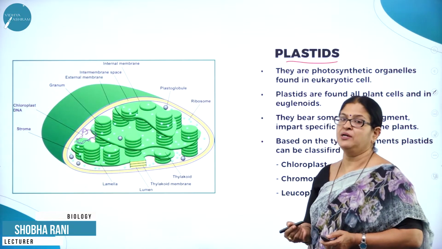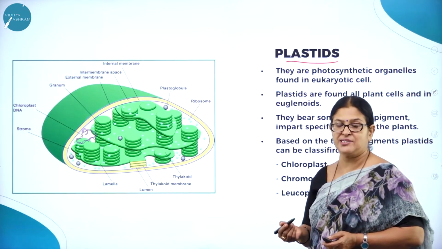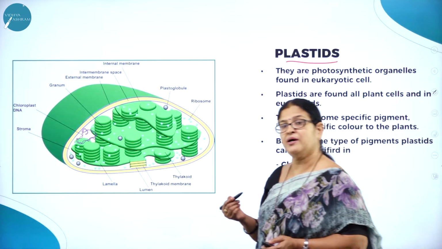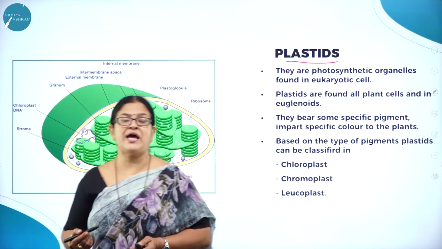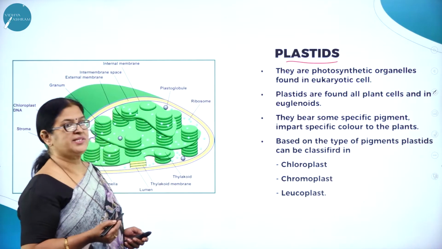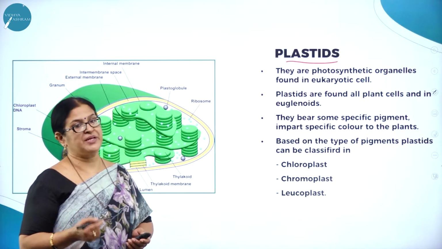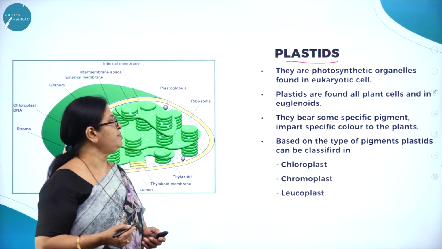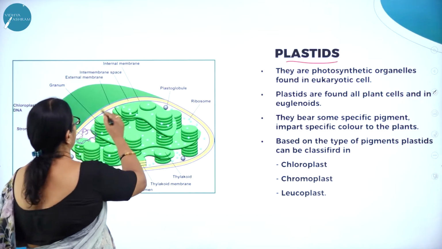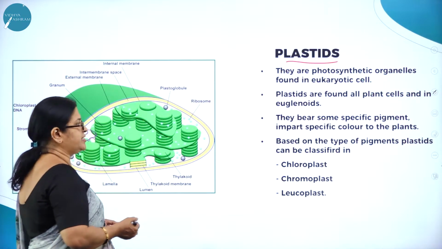Hope you remember, when we differentiated a plant cell from an animal cell, absence of vacuole and absence of plastids in case of an animal cell, and presence of vacuole and presence of plastid in case of a plant cell. Here you can see the structure of a plastid, that is the chloroplast.